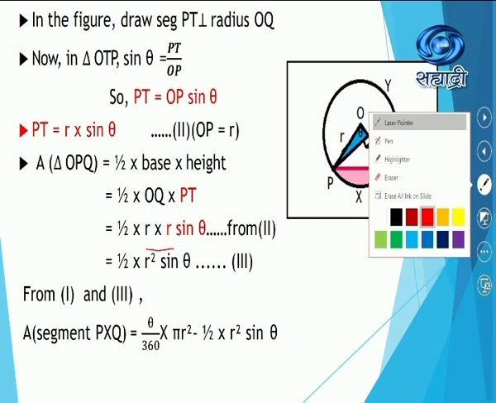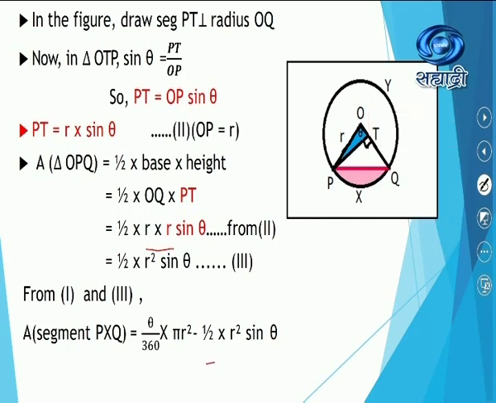So here you can see that R square and R square, these are the common factors which are present. So just take R square out. Therefore, you are having area of segment PXQ is equal to R square into the bracket pi theta upon 360 minus sine theta upon 2.